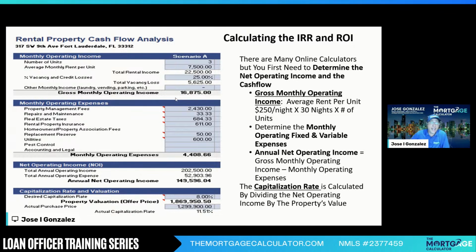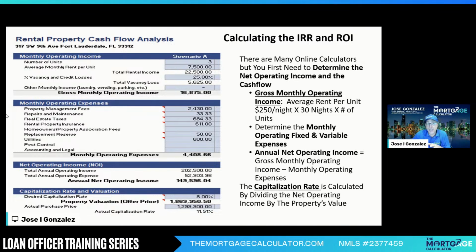Right? So then after that, we need to determine the monthly operating fixed and variable expenses, right? Those can be obtained from the property information. You're looking at stuff like property management fees, repairs and maintenance, real estate taxes. And remember, these are all broken down onto a monthly basis.